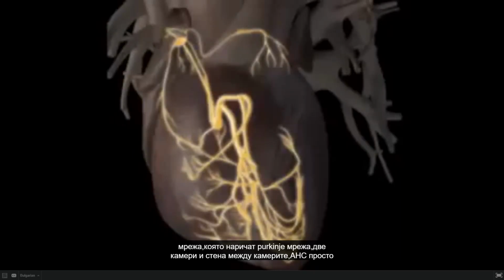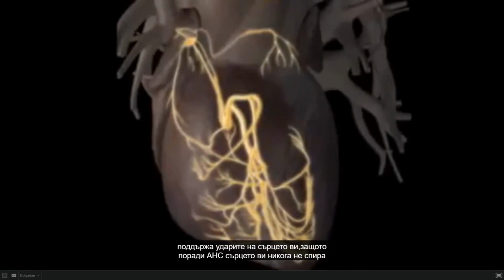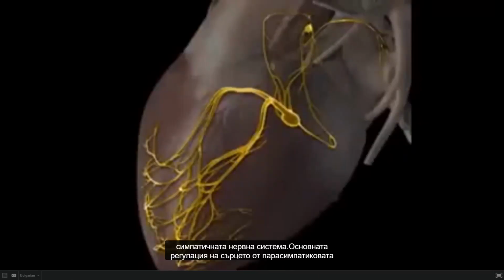The autochtonic nervous system just supports all the beats of your heart. Because of the autochtonic nervous system, the heart never stops, and actually the autochtonic nervous system of your heart belongs to your emotional brain, because nervous regulation of the heart is not only from that nervous system; there is also regulation from your central nervous system regarding the parasympathetic and sympathetic nervous system.